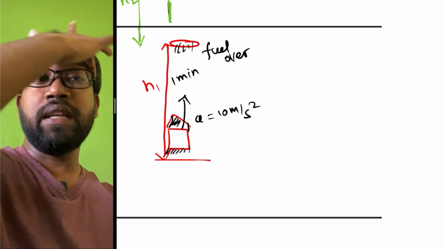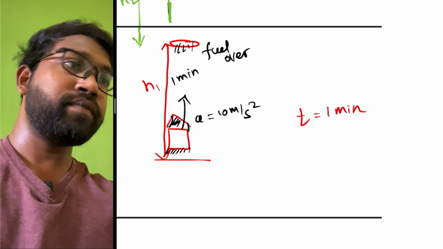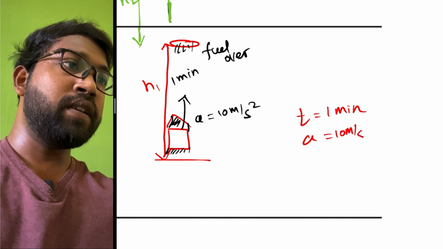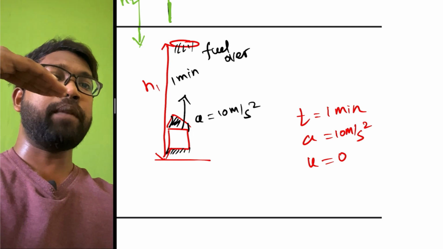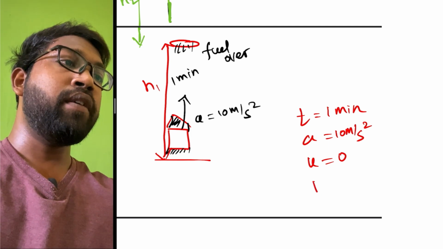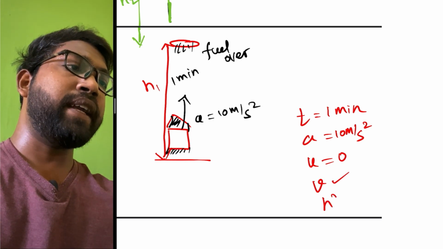In the first case, it is traveling for 1 minute with an acceleration of 10 meter per second square. Of course the initial velocity becomes 0 because we are launching from the earth, 0 to some velocity. Initial velocity is 0. We have to find the final velocity and also the height, right?